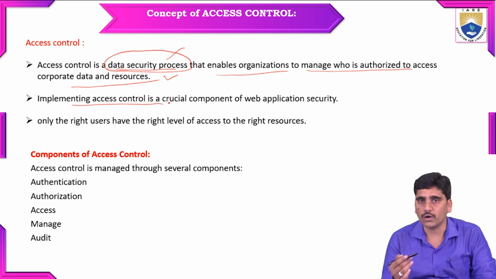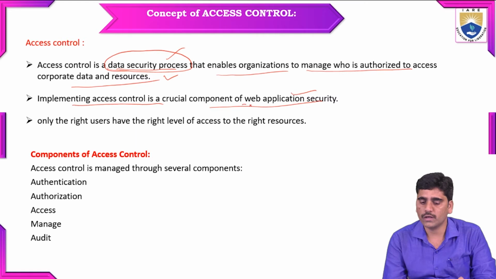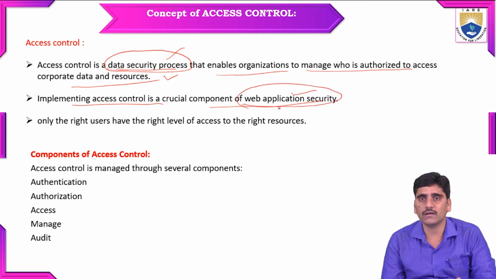Implementing access control is a crucial component of web application security. Nowadays, we get all information from websites, but websites are not able to disclose the information to all users.